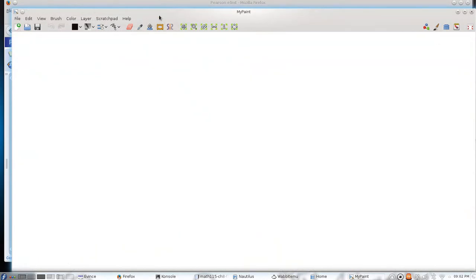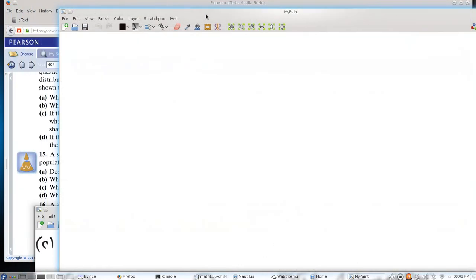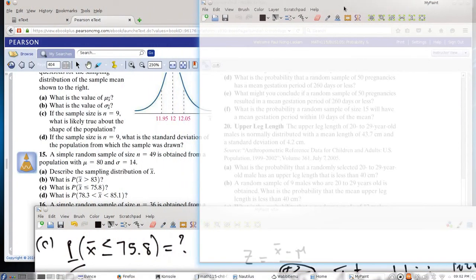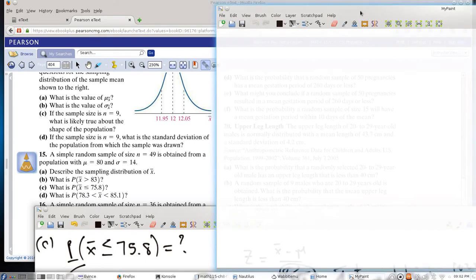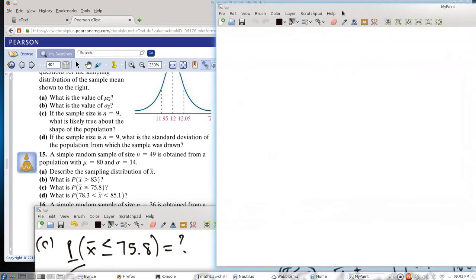That's why I mentioned back in chapter 7 that the skill we learned back in chapter 7 is very powerful and extremely useful and practical and important, to be exact, that we will be using that skill for the rest of the semester. And that is to use a table, learn how to use a table. And the only difference here is that we only need to compute the x bar translated to the z value using the standard error equation. The rest is the same.